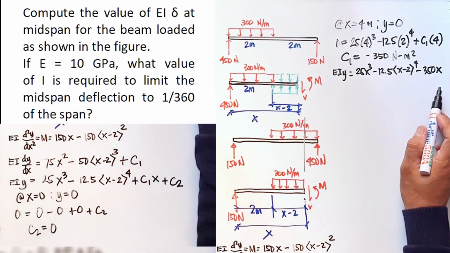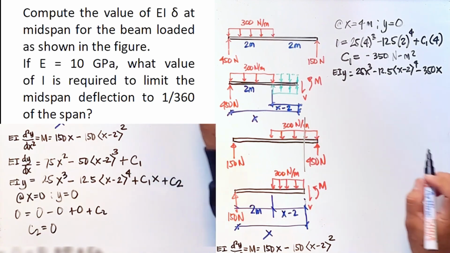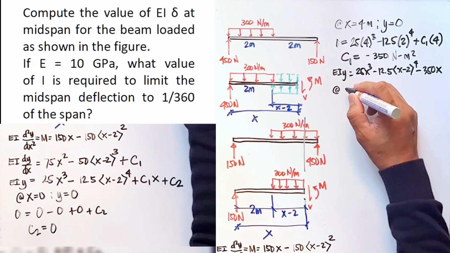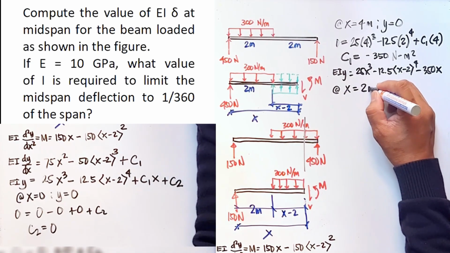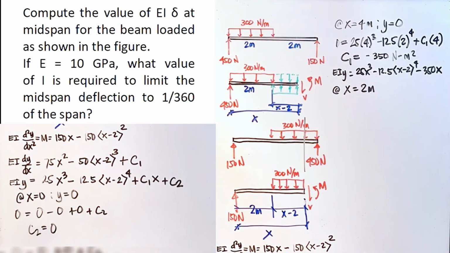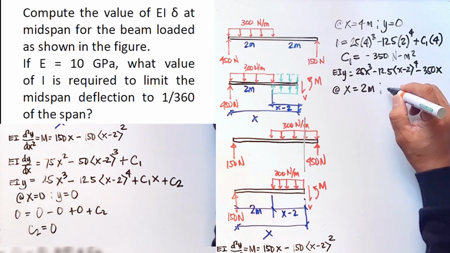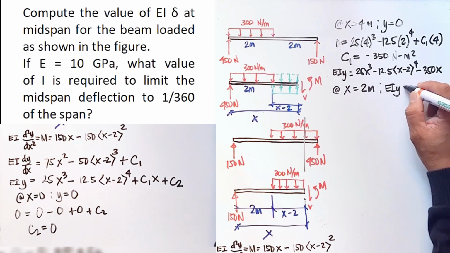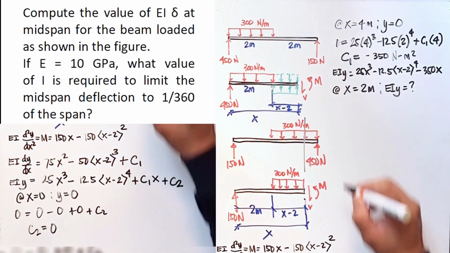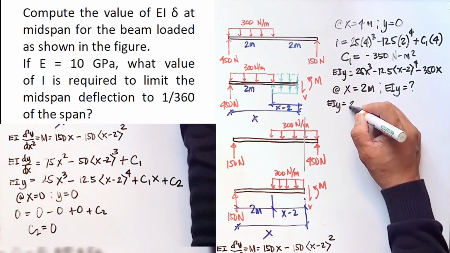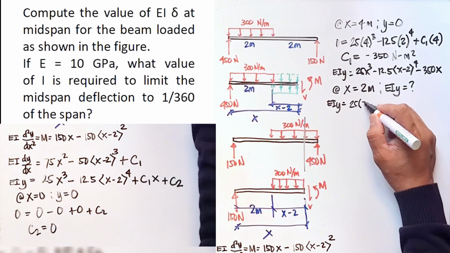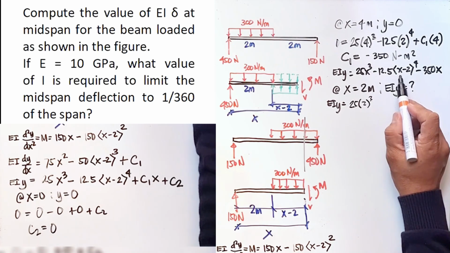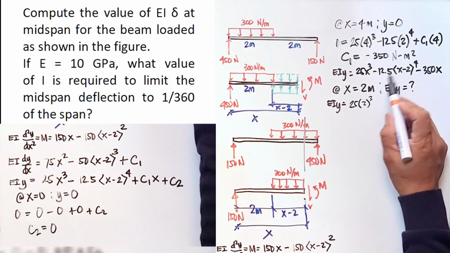And we will use this to find the value of EIY at the midspan. And at the midspan, our x is 2 meters. That's 1/2 of 4. So what is the value of EIY at this point? So EIY is 25 times x, which is 2 cube. This time, this one here, 2 minus 2 is 0, so this is 0.